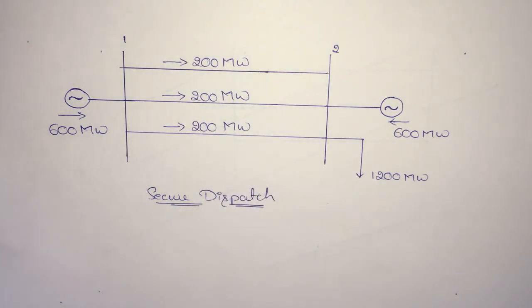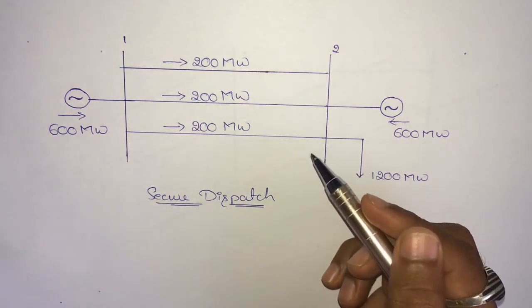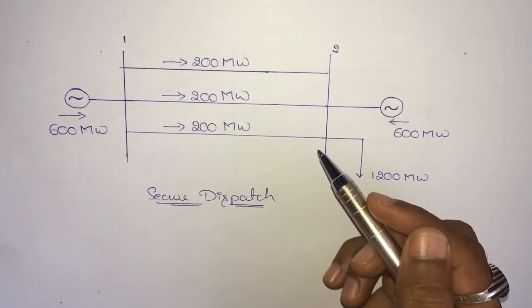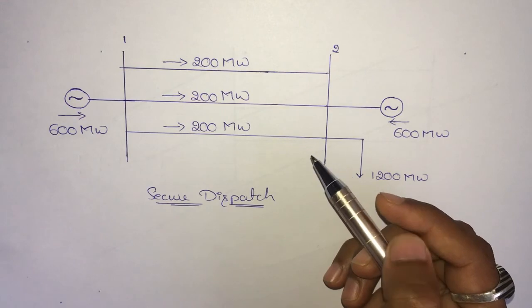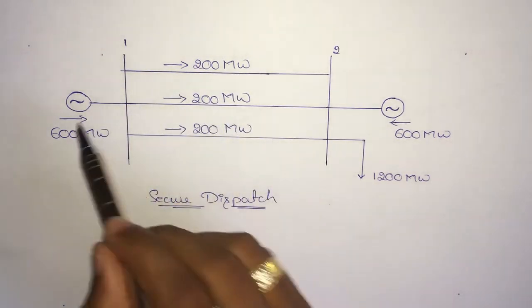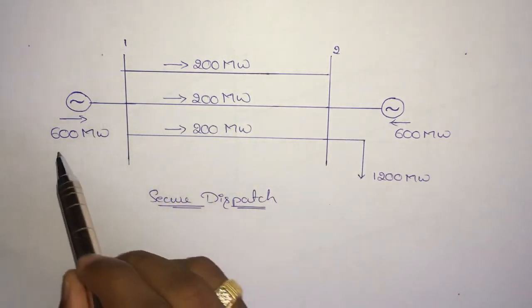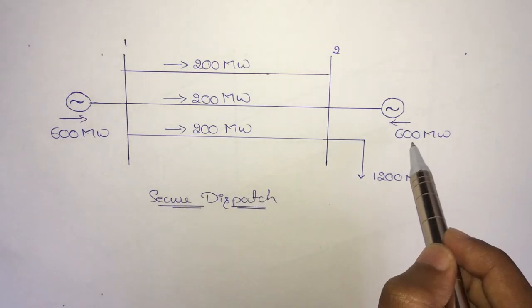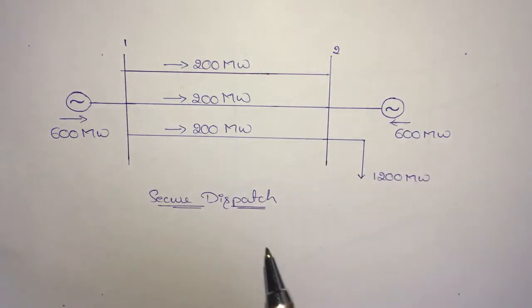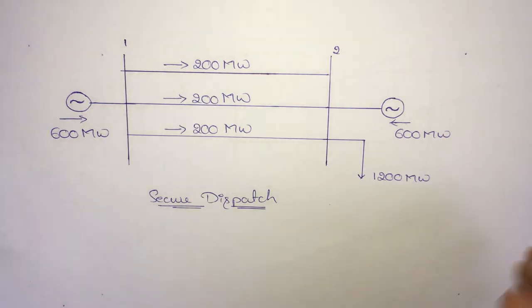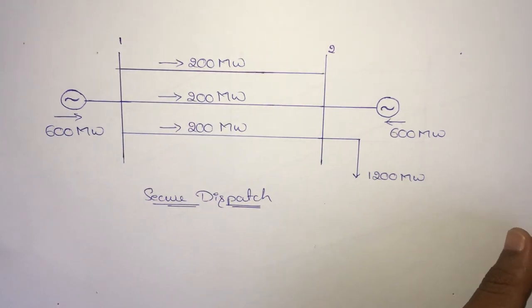The system is secure. This is the state where there is no contingency, but the operating parameters are corrected. Previously it was 900 and 600, 300. Now it is 600 and 600. We have corrected the operating parameters just to make sure the security violations are minimized. There is no fault.